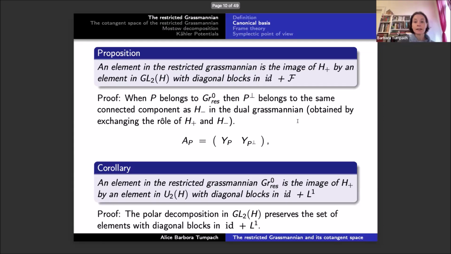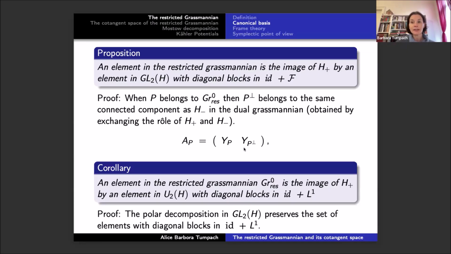And what we do to extend this one column to an operator in GL2, we do the same with respect to the orthogonal of P. The only thing that we have to check is that when P belongs to the connected component of H plus in the restricted Grassmannian, then its orthogonal, P perp, belongs to the connected component of H minus in the dual Grassmannian, which is obtained simply by exchanging the roles of H plus and H minus.